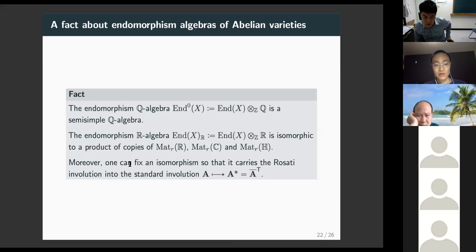Moreover, we can fix the isomorphism so that it carries the Rosati involution into the standard involution. The standard involution is on this matrix algebra. For example, for this one, we just map a matrix to its conjugate transpose. For this one it is complex conjugate. For this one it is the quaternionic conjugate.